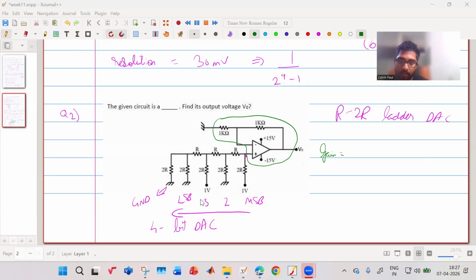Okay, gain is 2, correct? Gain is 2. Because it is a non-inverting amplifier, that's why what is the gain? 1 plus 1 upon 1, so it is 2.